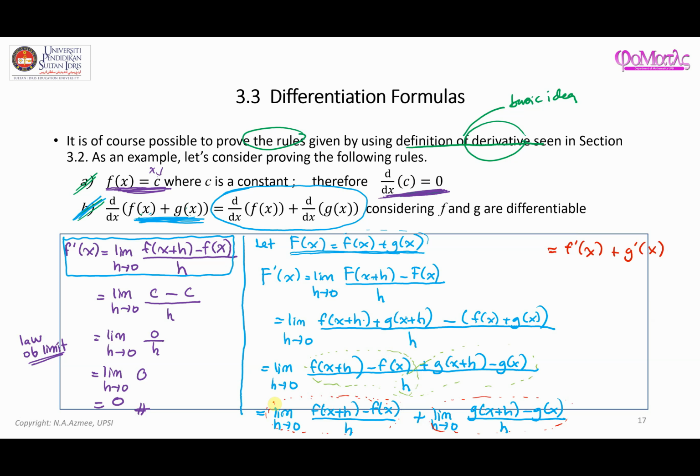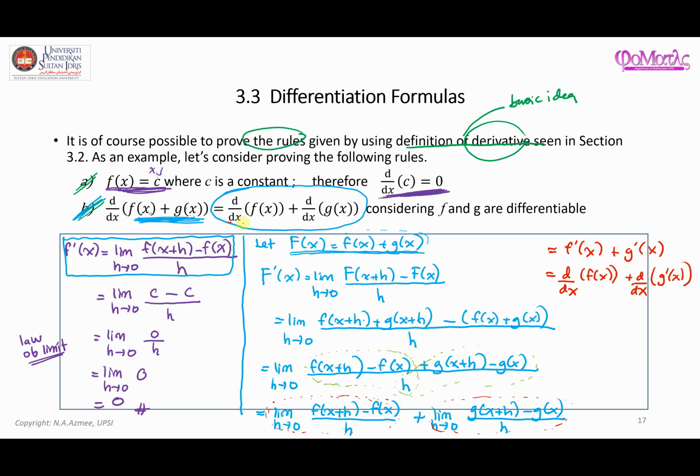So this is the formula to find the derivative for function f, and this is the formula to find the derivative for function g. And f prime x is equal to d/dx of f(x), and g prime x is similarly d/dx of g(x).